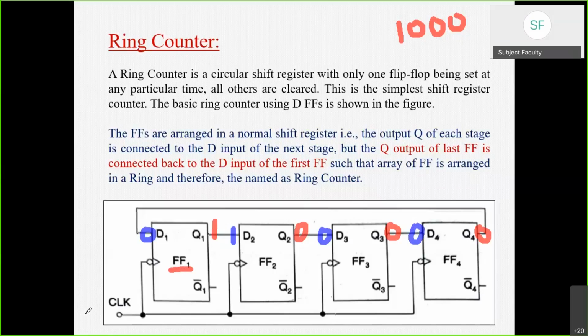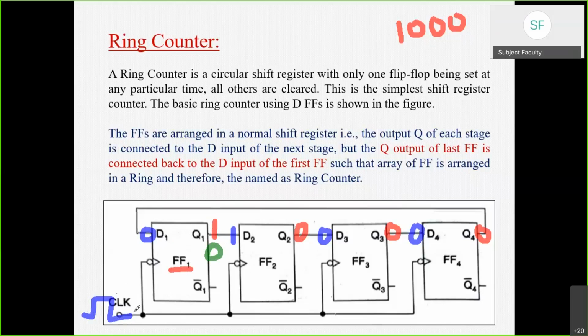Now what happens when the clock pulse is applied? Then the output will change. The output of each flip-flop will change depending on the input. The output states of each flip-flop after this clock, I am denoting by the green annotation. After the application of this clock, for the first flip-flop the input is 0, so output will be 0.